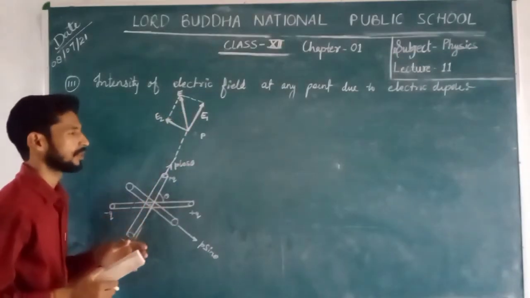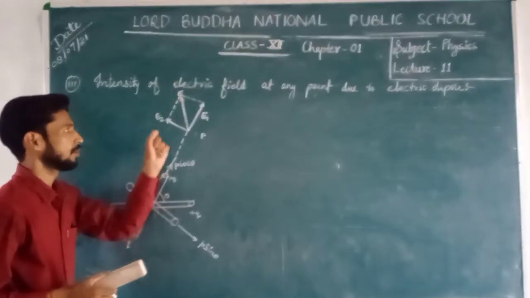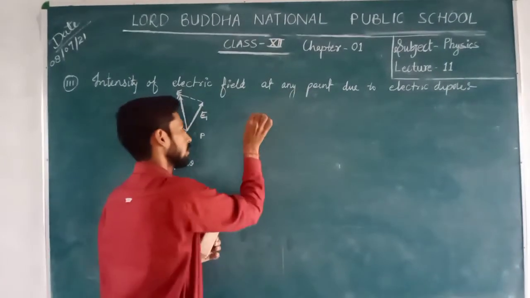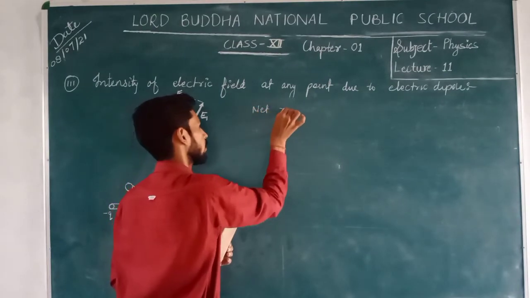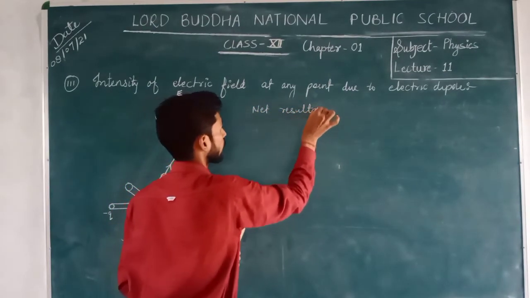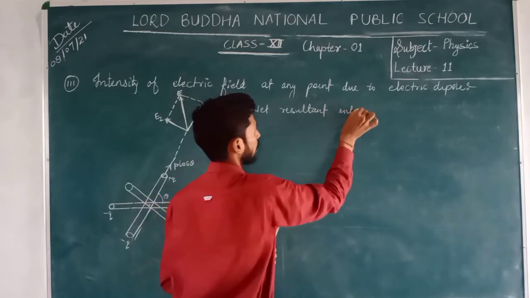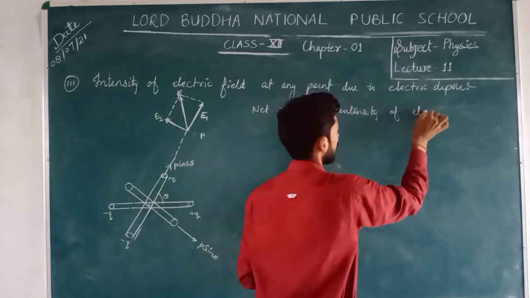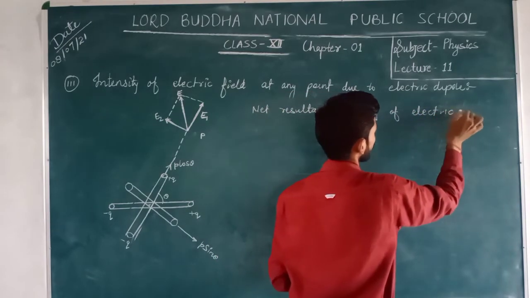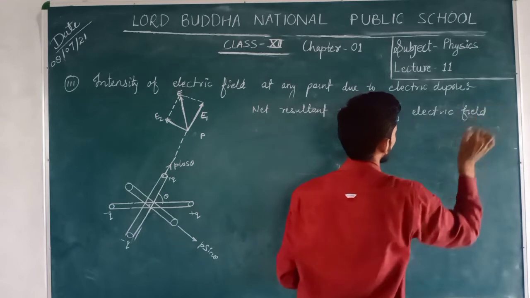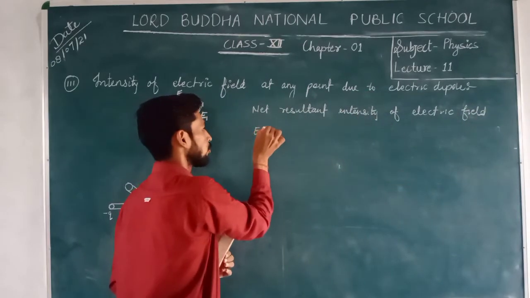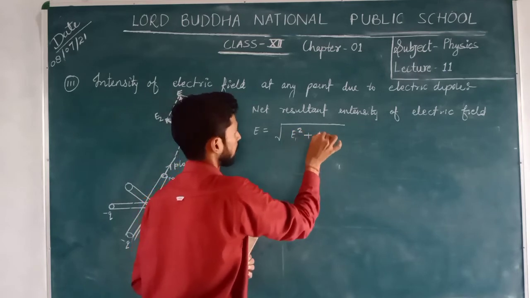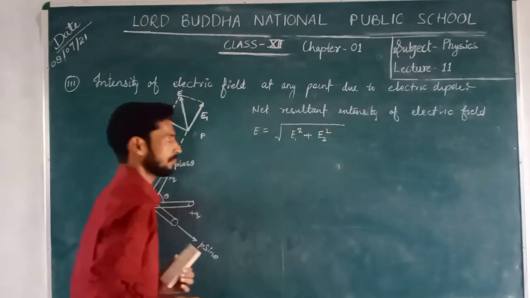Because in class 11 we discussed the resultant, that is the net resultant intensity of electric field equals the square root of E1 square plus E2 square.